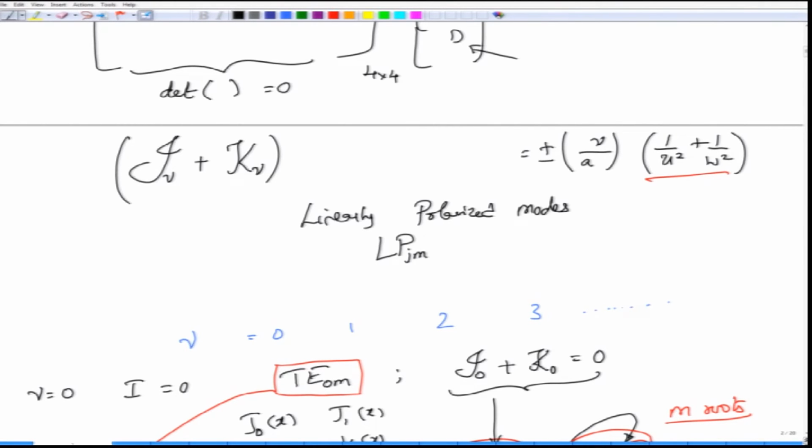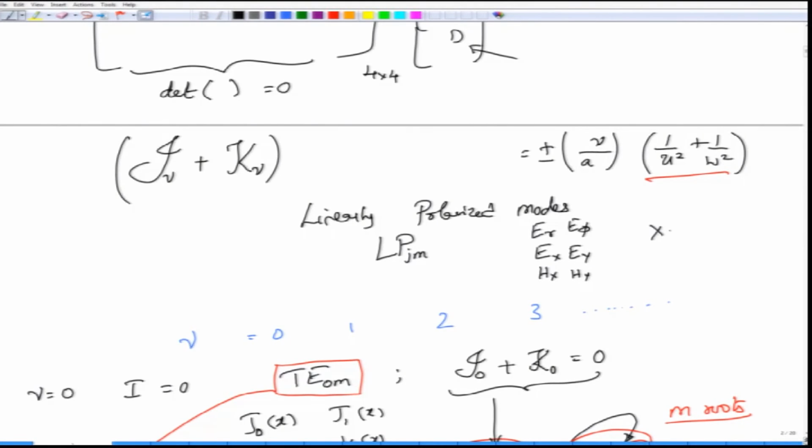The point about a linearly polarized mode is that you no longer have to think of E r and E phi in the transverse plane. Under this linearly polarized condition, which applies only when the weakly guided approximation is made, instead of E r and E phi you can talk about E x and E y. Similarly, you can talk about H x and H y.